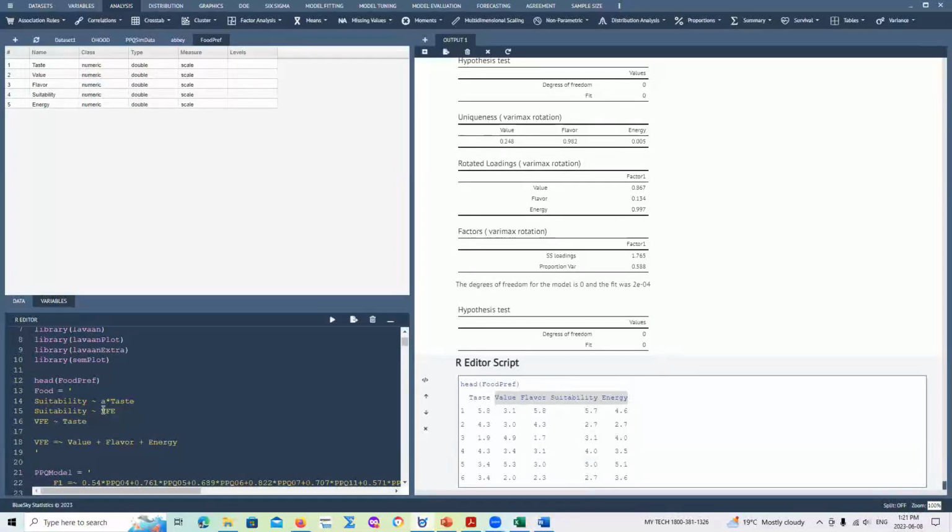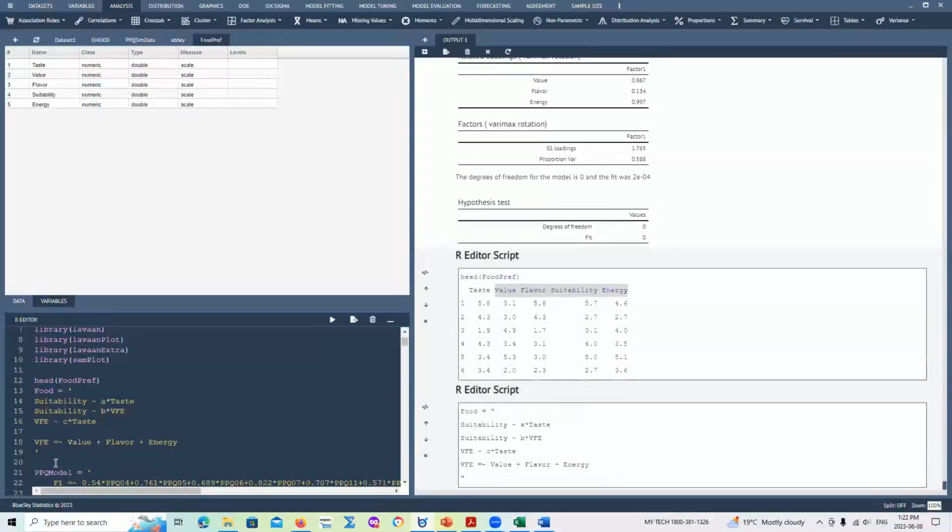If you want to compute the indirect effects, B times this, and suitability taste. I think this should be right. I will just say C and it doesn't really matter. So you want to compute this one, and here as well you want to see the coefficients and test. You can still put them there. Just say A1, A2, but it doesn't matter. We are not really interested in that. We are happy with this. So let's run that.